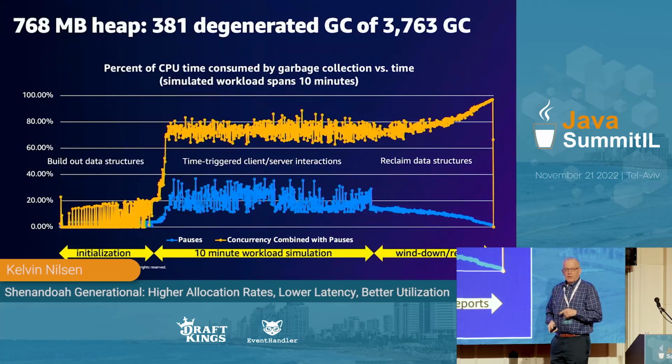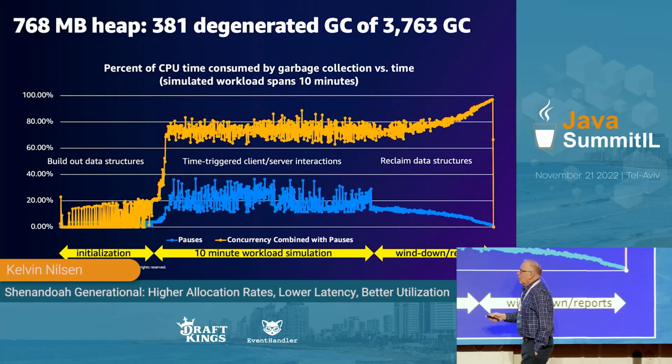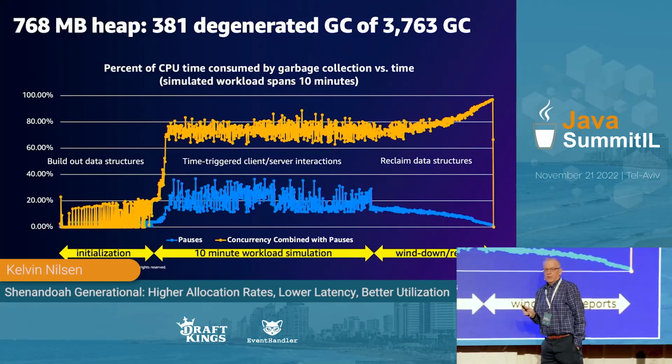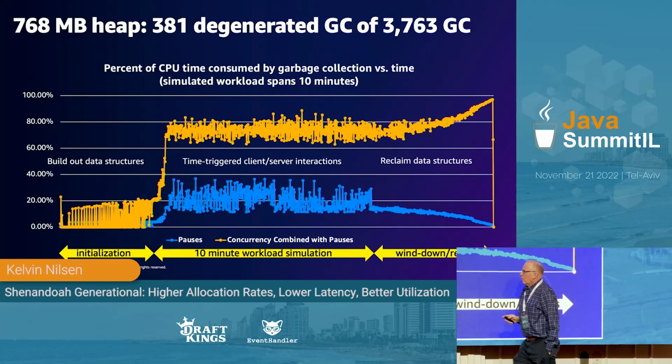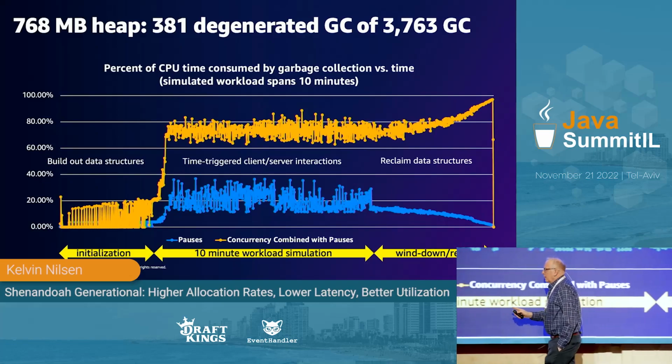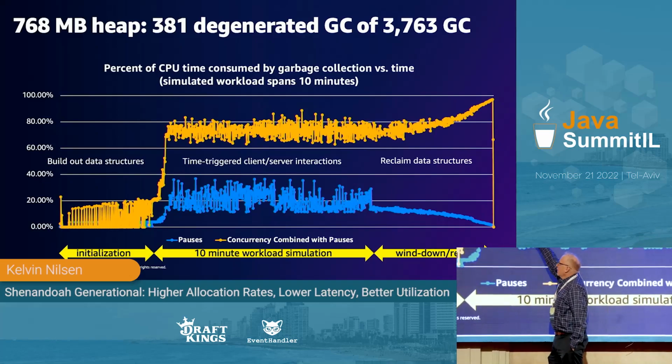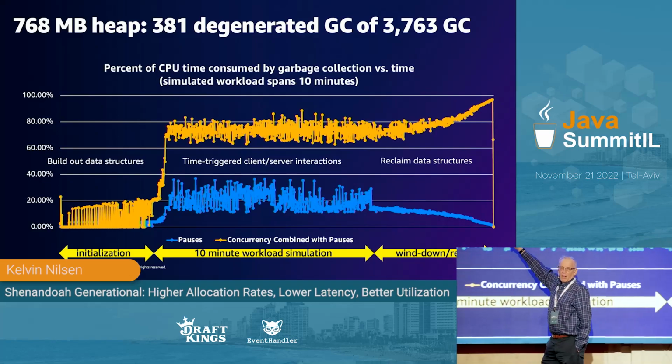Now, go back to that chart I showed you. When we zoom in on that 768 megabyte heap configuration, we see that once we start the experimental workload, which starts about here, we start seeing a whole bunch of long pause times.